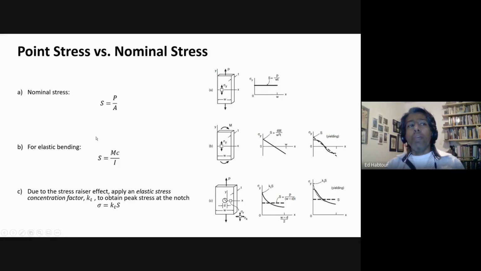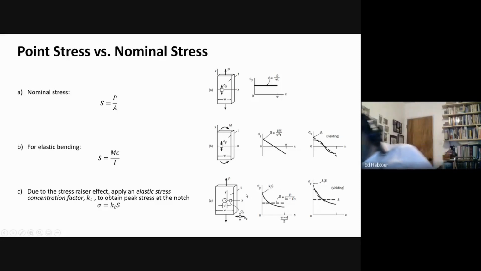If you are under elastic bending condition, your point stress is not going to be the same as your nominal stress. So we need to understand the loading condition of the part.